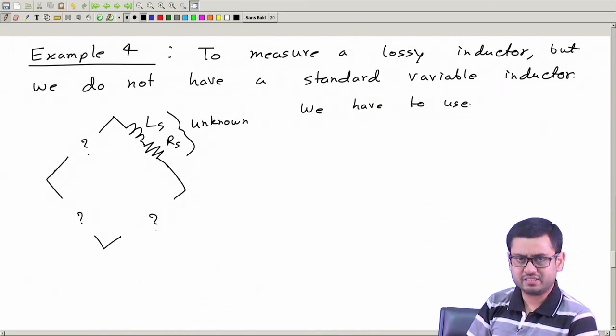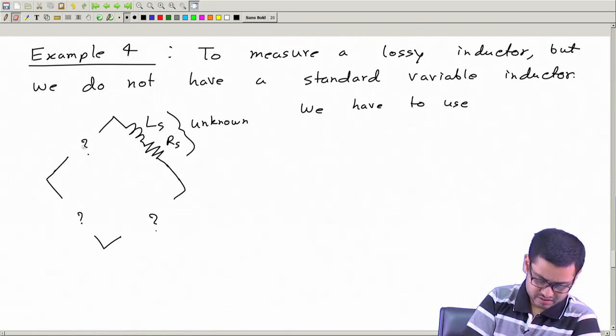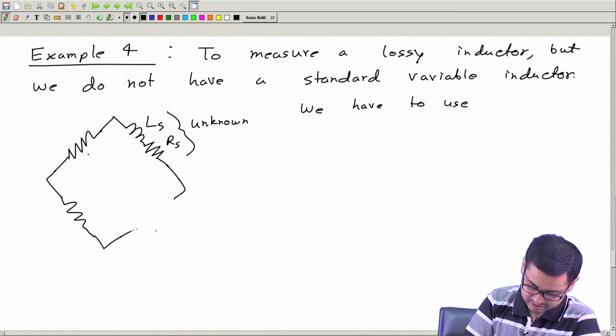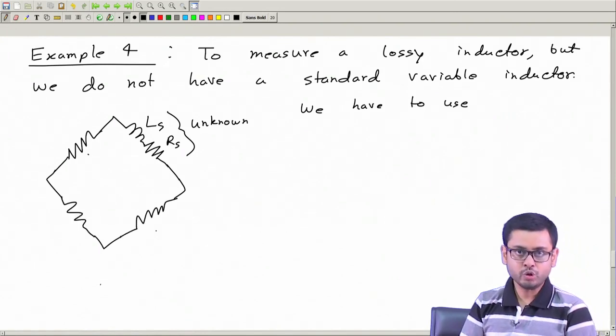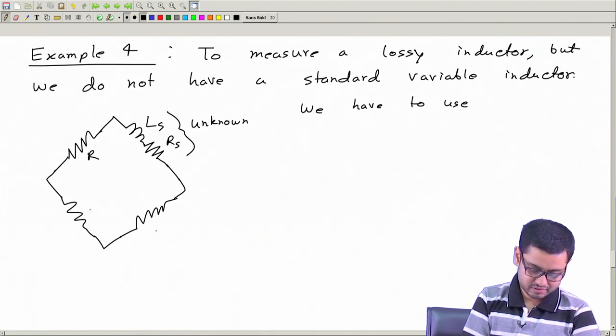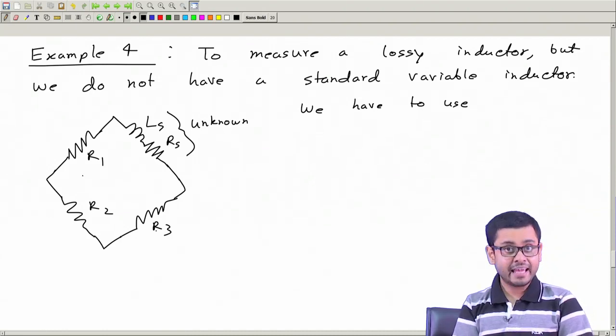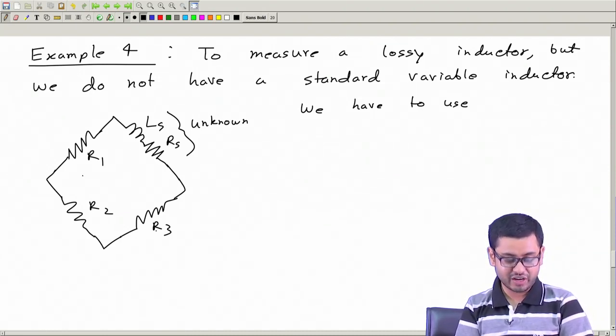Can we use just only resistance? Simple question. Can we use only resistance like this? No. We cannot, because then the angle condition is not satisfied.